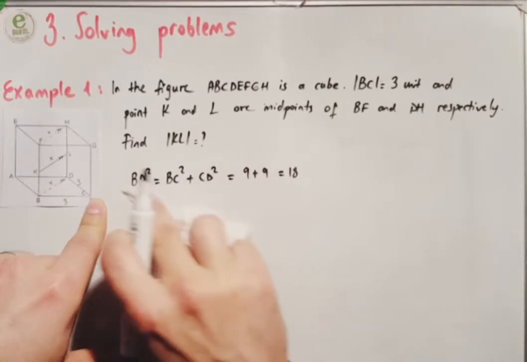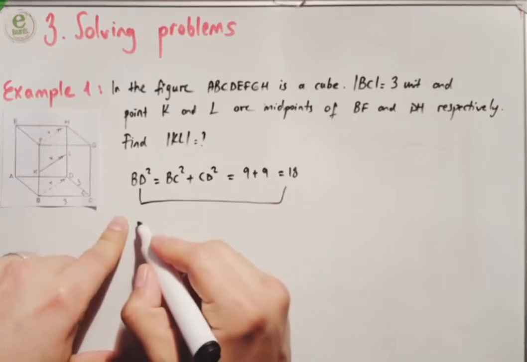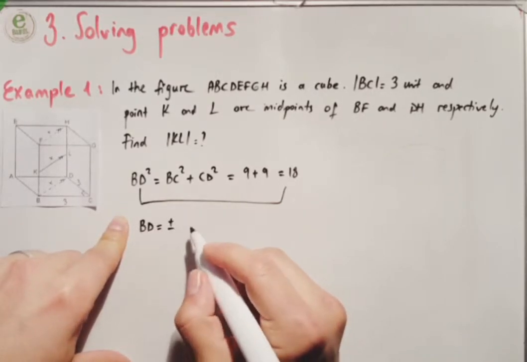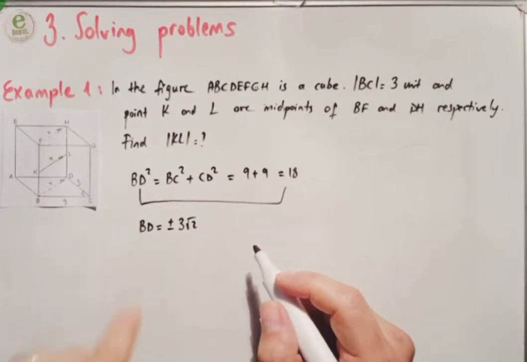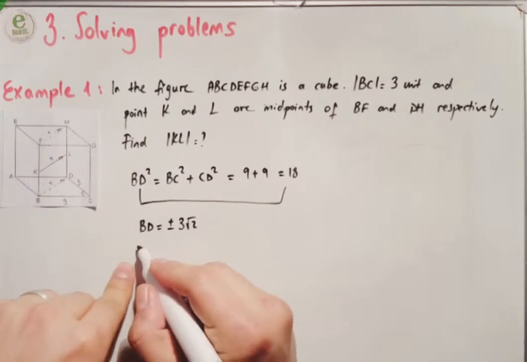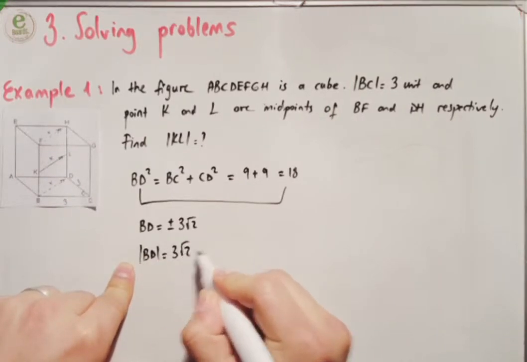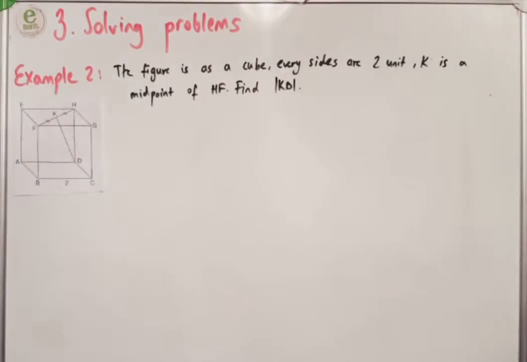BD square is equal to 18. When we take the root of both sides, we have BD equal to plus or minus 3 root 2. The length can never be negative. So the length of BD is equal to 3 root 2 units.